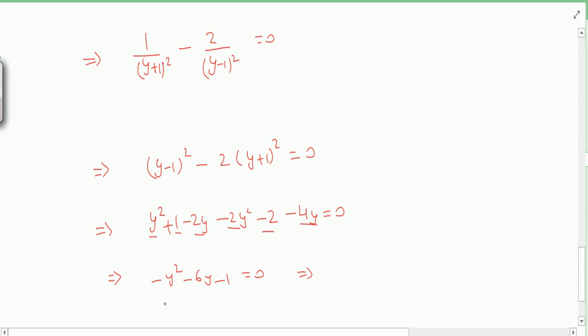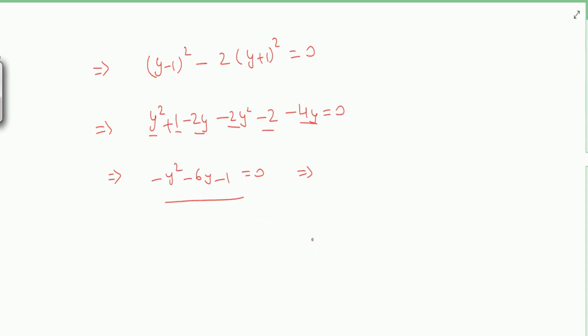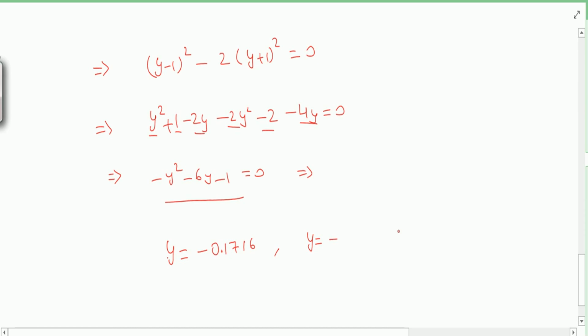This is a quadratic equation, and if you solve it you will get two solutions: y equals minus 0.1716, and y equals minus 5.83.